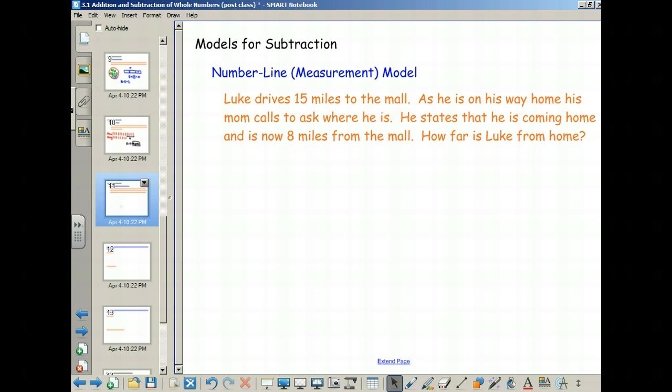All right, a number line measurement model can follow any of the other 3 sort of pictures that I just took for. It can be taking things away, it can be comparing, or it could be doing this in add-ins. But it's usually doing it with something kind of like we did last time when we talked about the measurement model, something that actually could be broken apart into fractions. So, for instance, you can't score half a point in basketball. So it wouldn't make any sense to compare points in basketball in a number or measurement kind of sense.